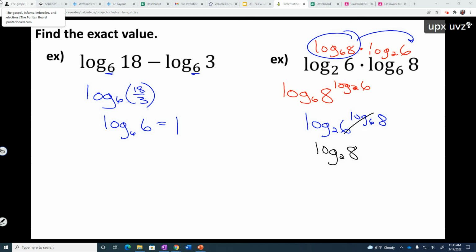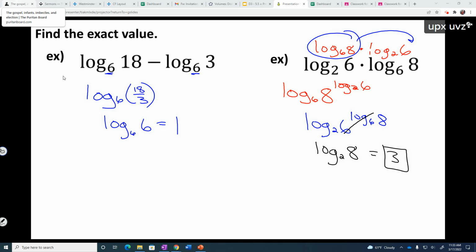Remember how you evaluate and we say this to what power is this? That was a 3. Yeah, it's 3. It's 2 to the third power is 8. So this is just 3. Again, that one's a little bit too complicated, I think, but don't get too concerned if you can't figure that one out yet.